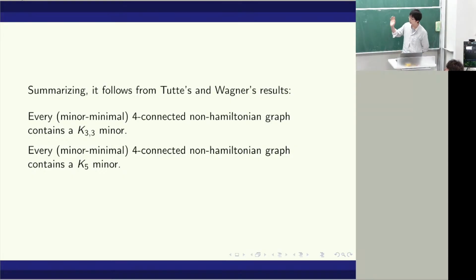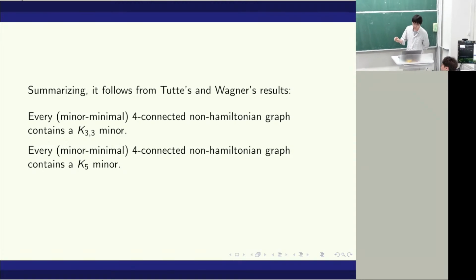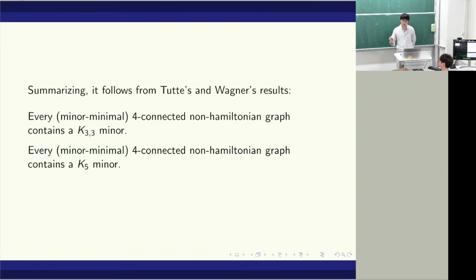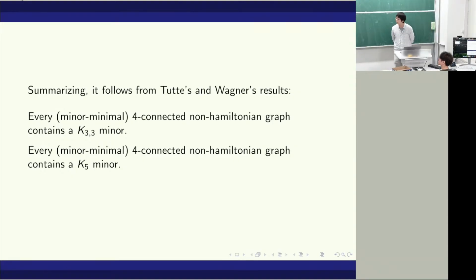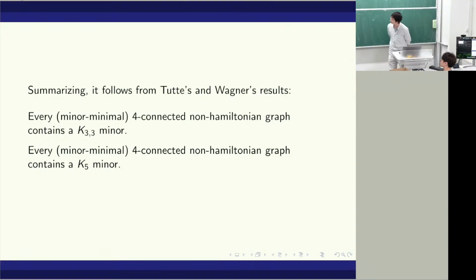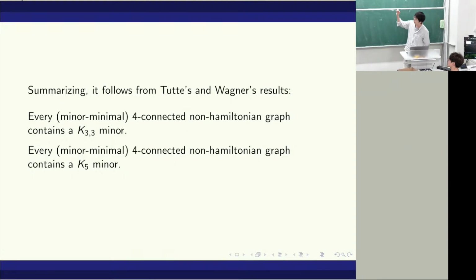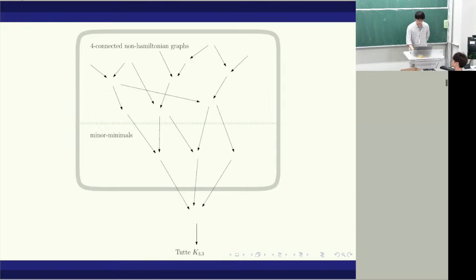So we just reviewed two results in terms of Hamiltonicity and minors: every 4-connected non-Hamiltonian graph contains a K33 minor, and in the same way a K5 minor. We will focus on the first result, the K33 minor.